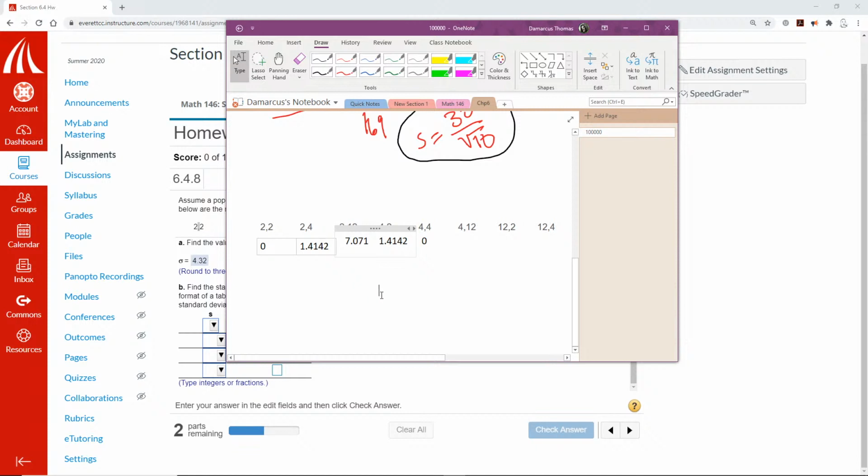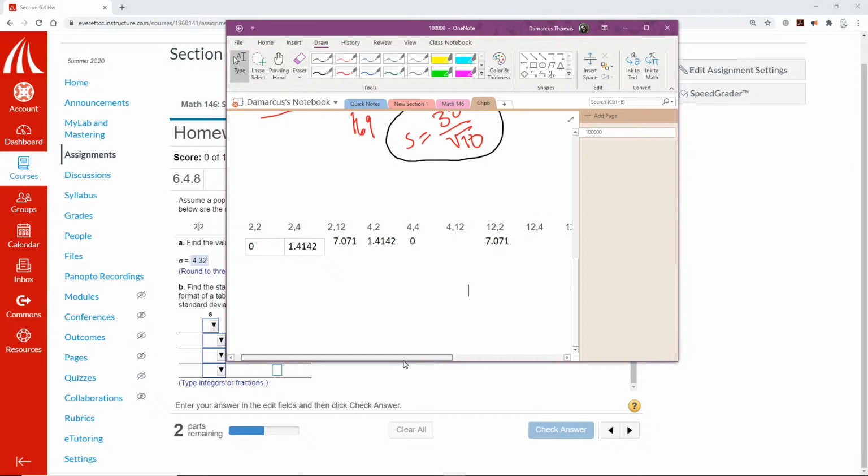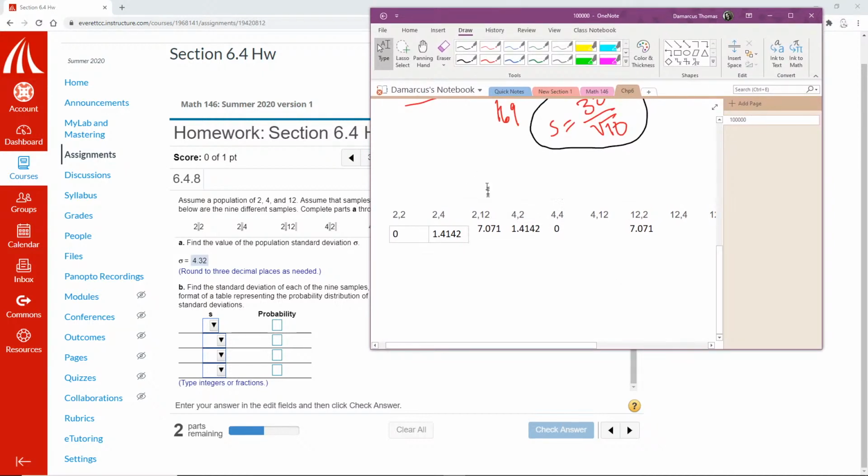And that's the same as 12, 2. And now I got to do 4, 12, and 12, 4. So I'm just simply finding the deviation of all my little tiny samples. This is like microstats. There's no real application for this. They just want you to do this so that you can understand that there are different types of distributions.